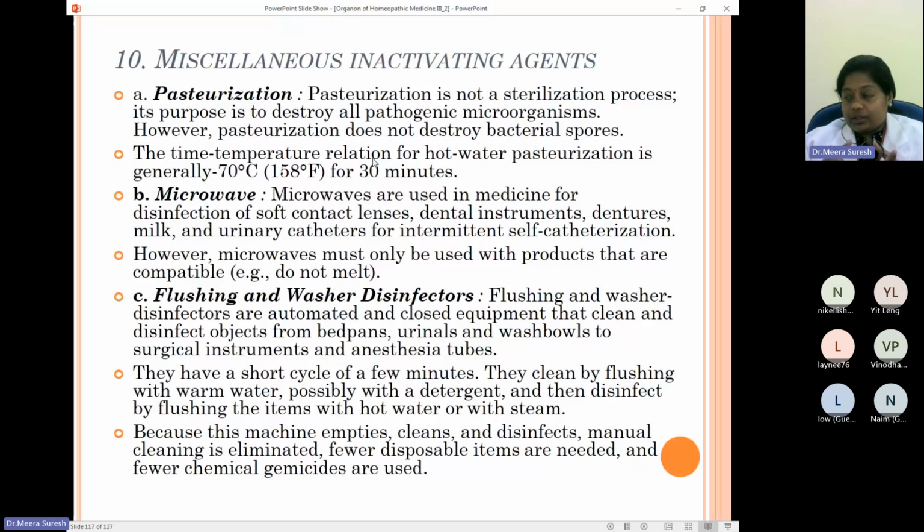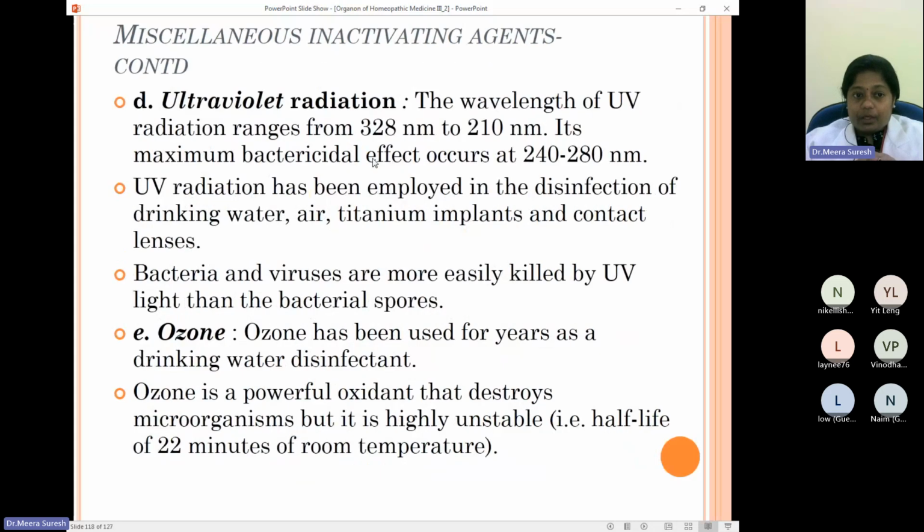So if we put items into these disinfectors, initially they will be flushed with warm water and also detergent, and then disinfected with hot water or with steam. Because this machine empties, cleans, and disinfects, manual cleaning is eliminated, fewer disposable items are needed, and fewer chemical germicides are used. But obviously, then it will be very expensive.